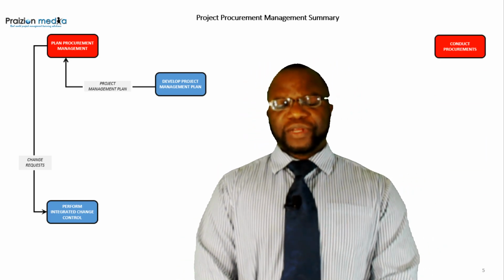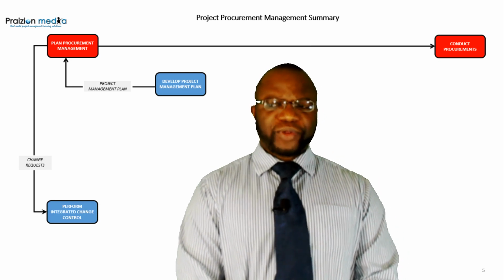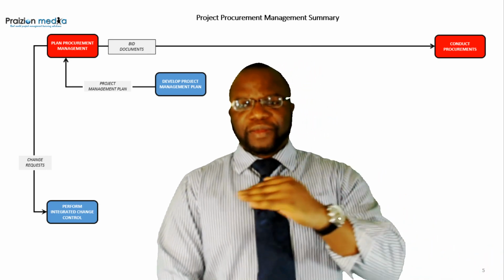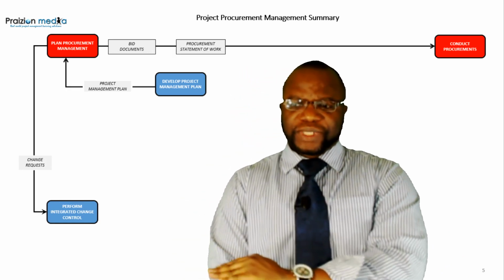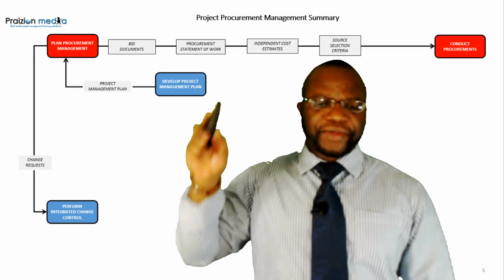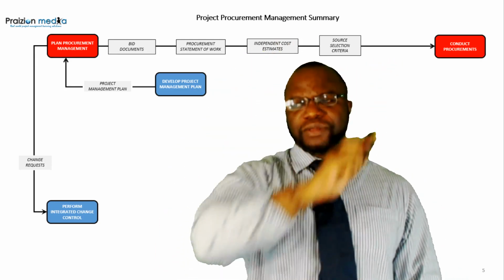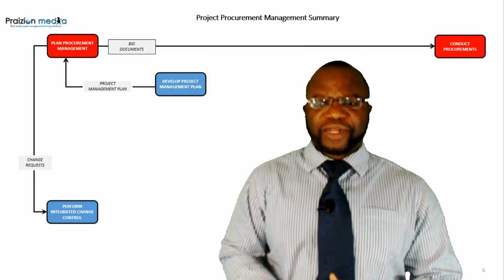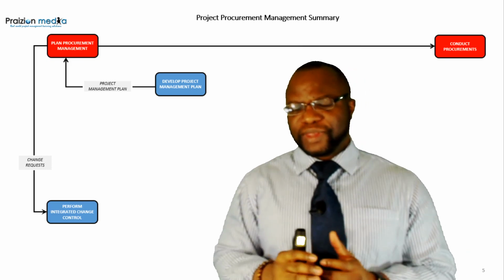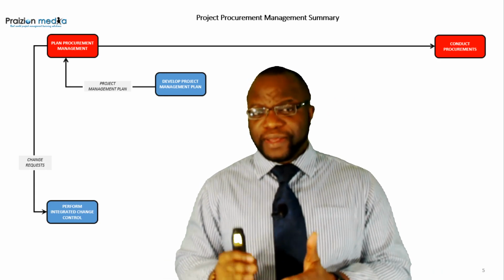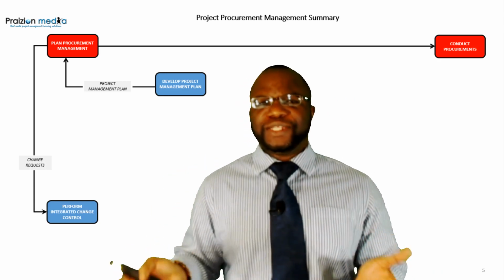We also have conduct procurements interacting with plan procurement management, in that we have the procurement bid documents, statement of work, independent cost estimates, and source selection criteria. You can see all of those go into conduct procurements. So if you do not pay close attention to those things I showed you, and you're not taking account of each one, and you're not looking in the guide, it's easy to miss this.